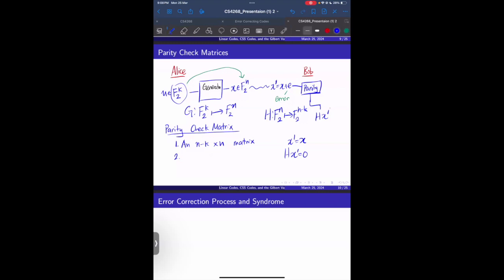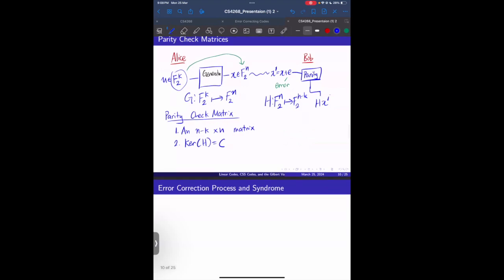Meaning to say, the kernel of this H is the set of code words. So when there's no error, we always get the 0 vector back after feeding it to the parity check matrix.